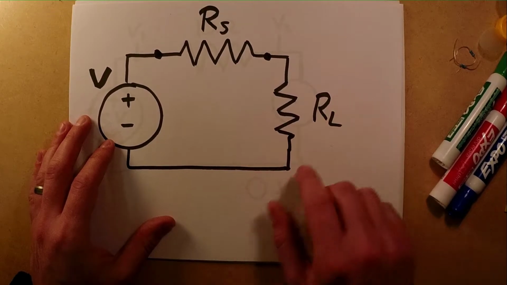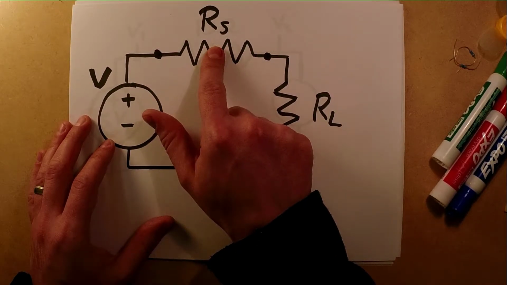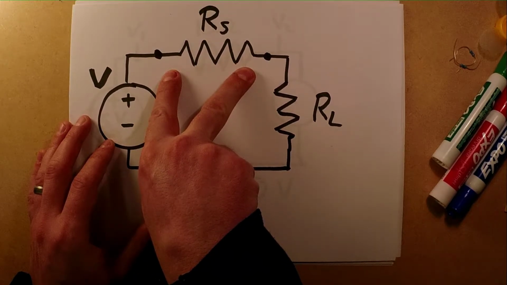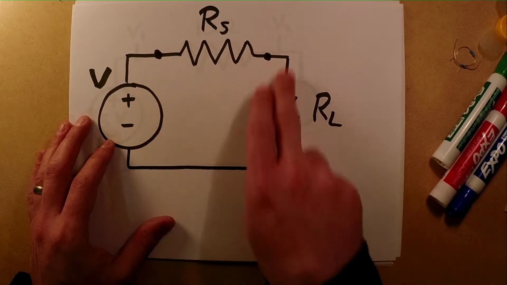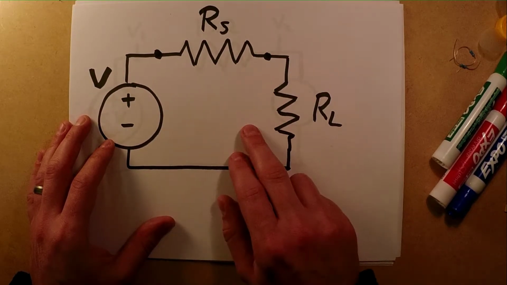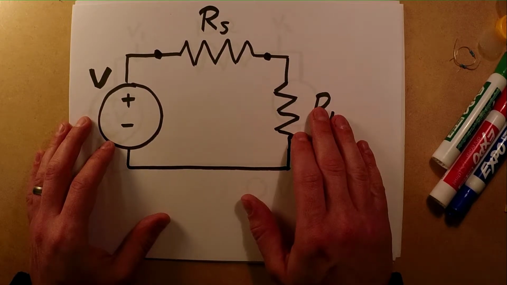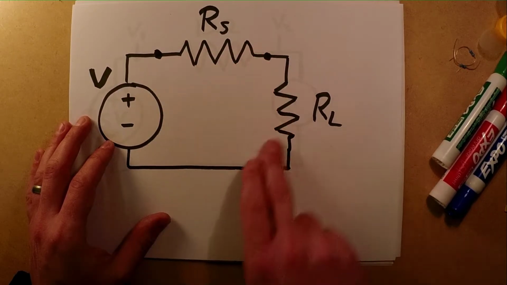If we know the resistance value of RS, we can measure the voltage drop across RS and then calculate how much current must be flowing through RS. Because this is a series circuit, there's nowhere else for the electrons to go. They have to go around this series circuit, so the current has to pass through RS and then through RL.